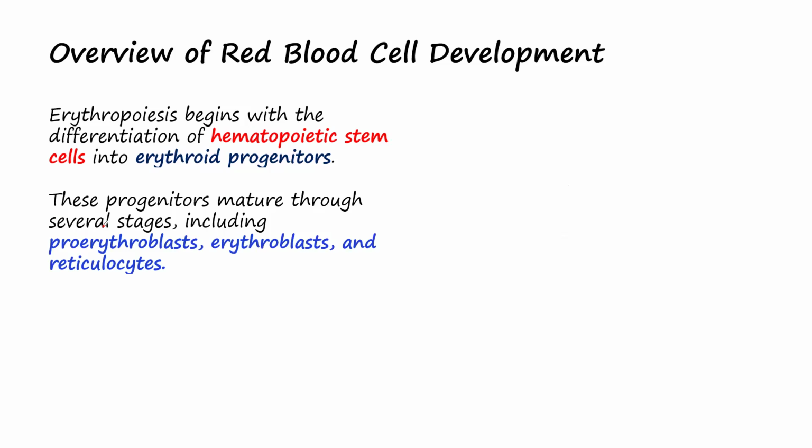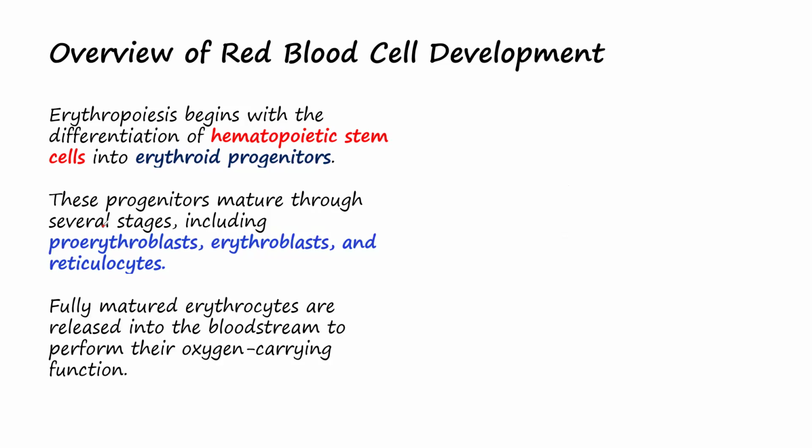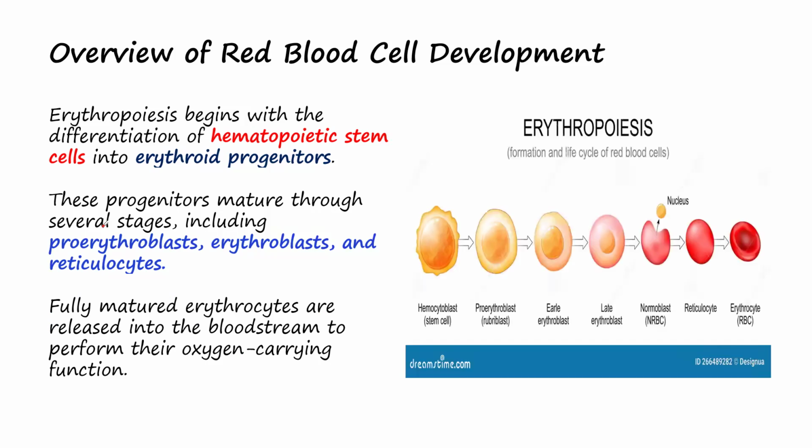So you see, first it started from hematopoietic stem cells, then erythroid progenitors, then proerythroblasts, then erythroblasts, and finally reticulocyte, which is the immature red blood cell. So the fully matured erythrocytes are released into the bloodstream to perform their oxygen carrying function.